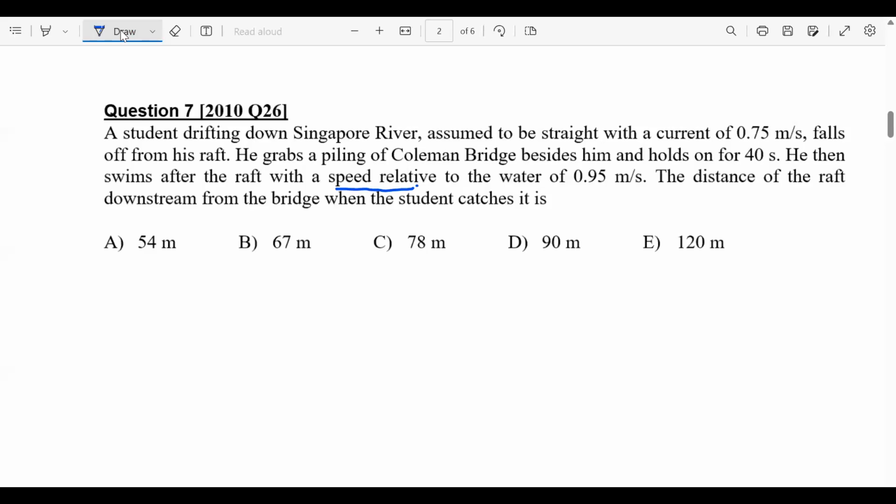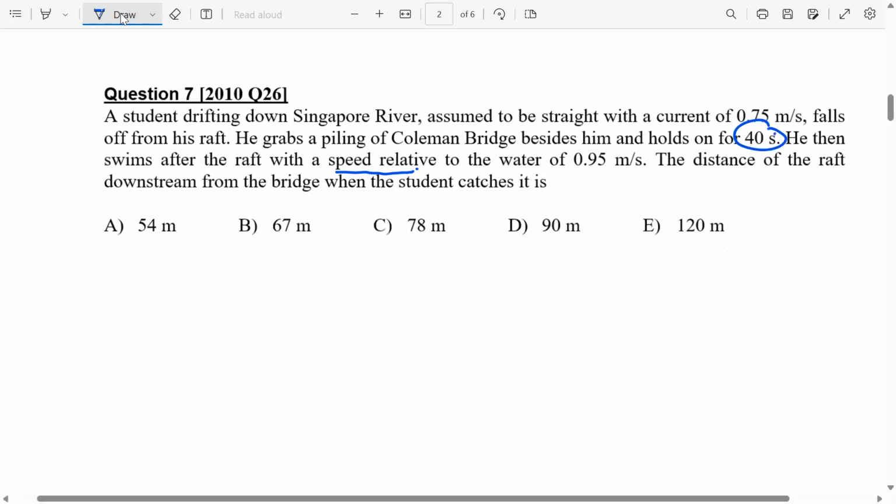Okay, so for this story, first, he dropped off the raft, he held on for 40 seconds, and the raft continued moving at this speed. At the end of 40 seconds, the student is still here. This is the bridge, the start point.